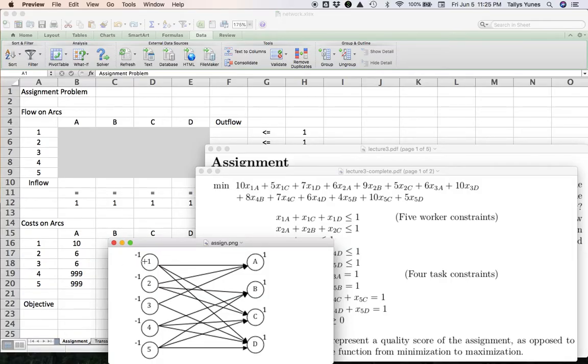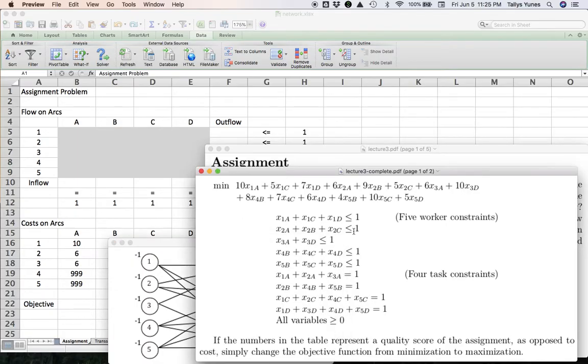Which means for node 1, I'm not going to say these 3 shipments will equal 1, what you have. I'm going to say these 3 shipments out of node 1 will be less than or equal to 1. And the same is true for all the 5 nodes, and this is what we have in these first 5 constraints here, right?